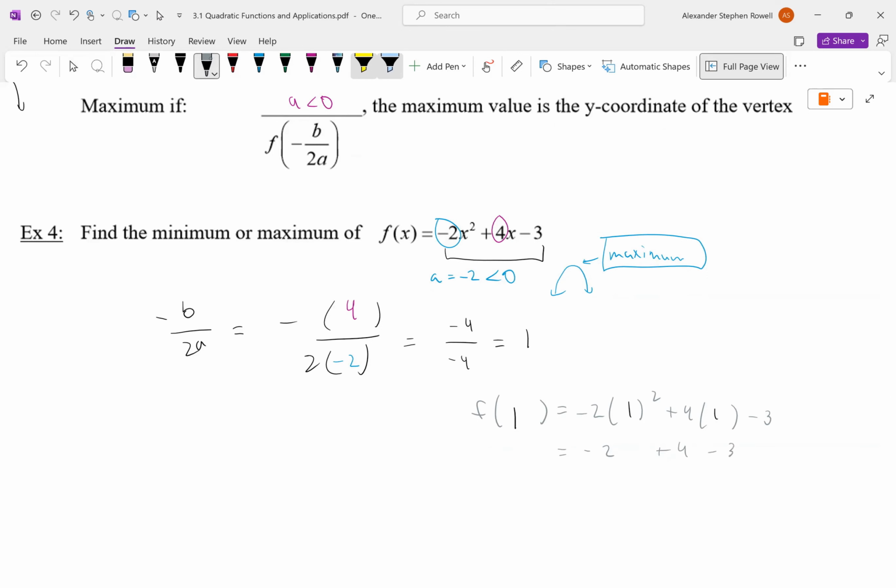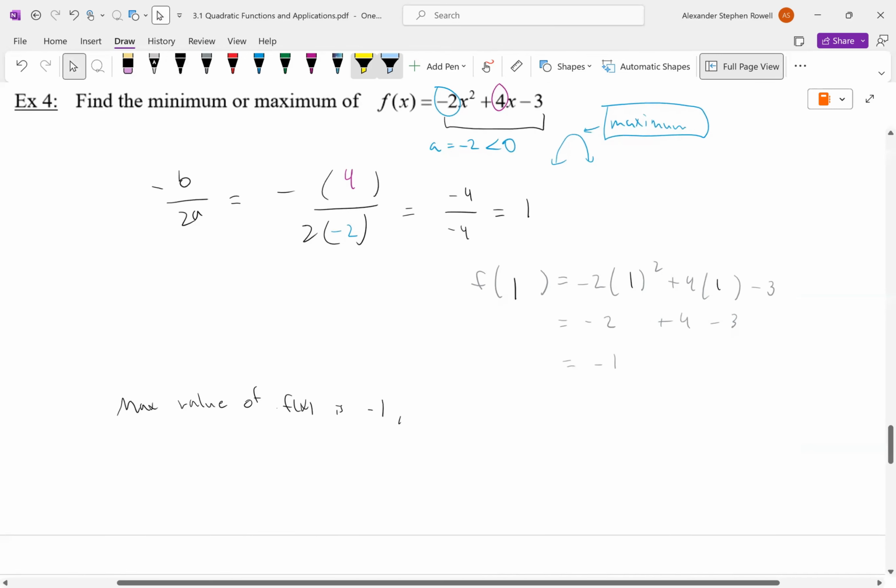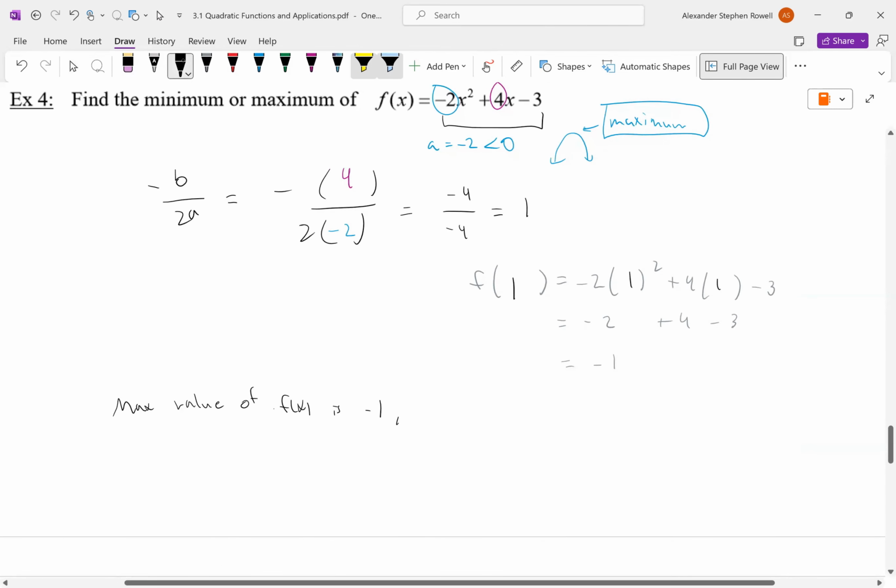Plus 4 minus 3 gives us -1. Is that right? So what should I answer? The max value of f of x is -1. And sometimes we care about where it occurs. It occurs when x is equal to 1.